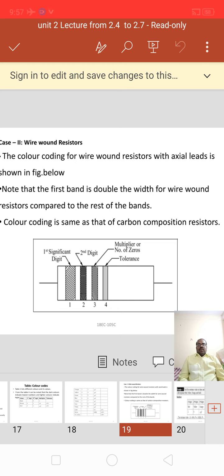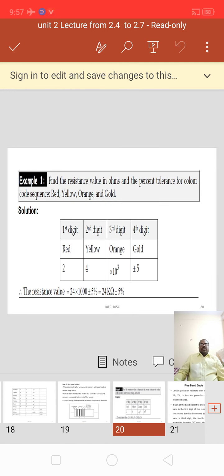Okay, now here we are taking an example to predict the resistance value. Find the resistance value in ohms and the percent tolerance for the color code sequence red, yellow, orange and gold.